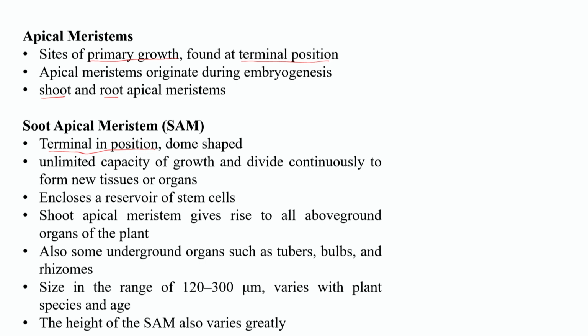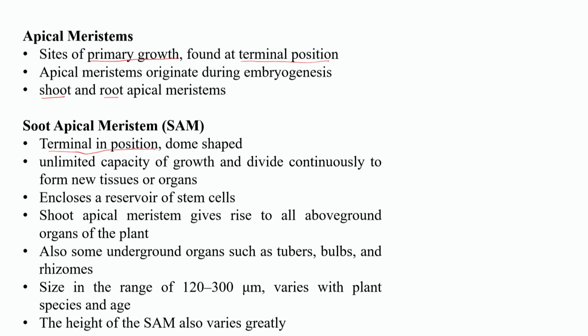These apical meristems have unlimited capacity for growth and can divide continuously to give rise to new tissues or organs. So we can say that they are reservoirs of stem cells, those cells which have the ability to differentiate into different tissues and organs. From there they will divide and finally get differentiated into different types of tissues.